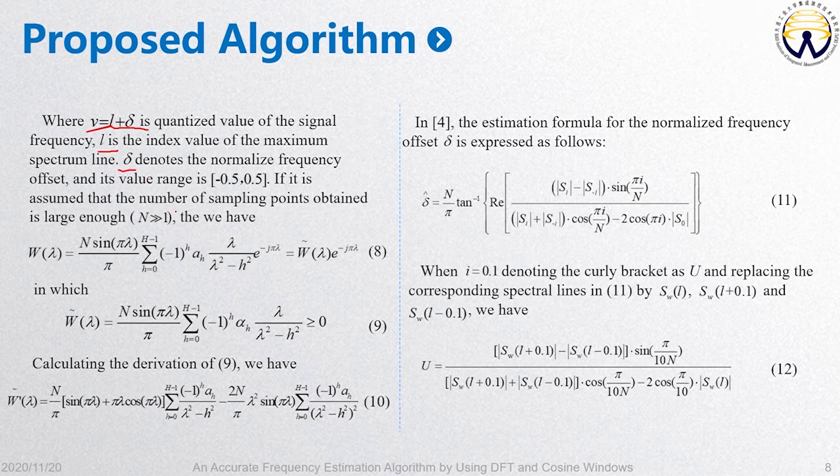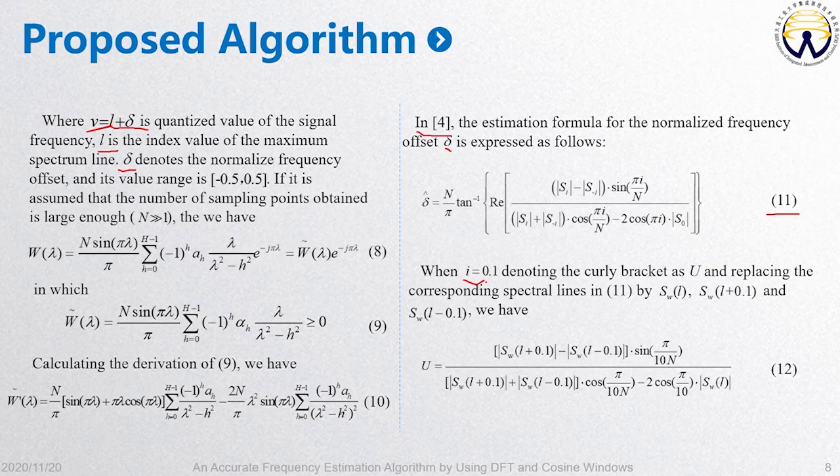Assuming that the number of sampling points is large enough, we have Formula 8. In Reference 4, the estimation formula for the normalized frequency offset delta is Formula 11.